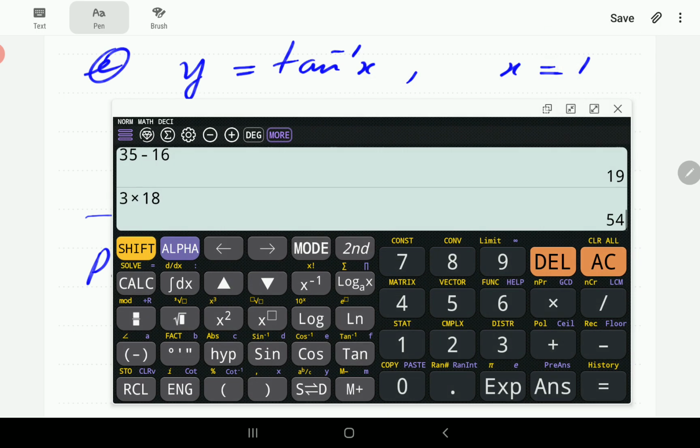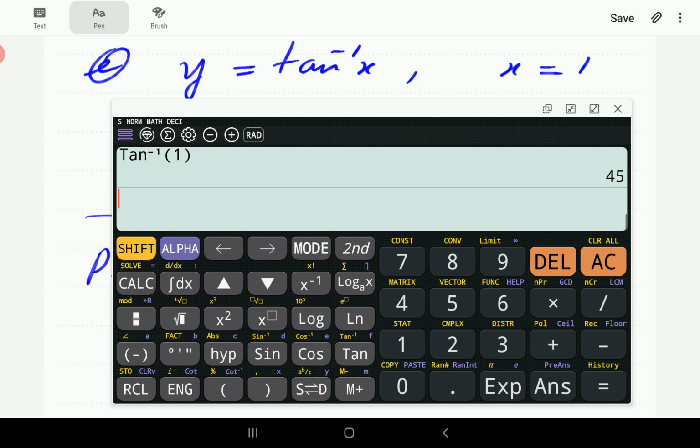We can actually do this in the calculator. First in degrees, this says 45 degrees, but in calculus we always want our angles in radians.